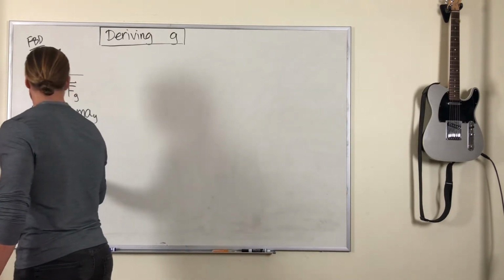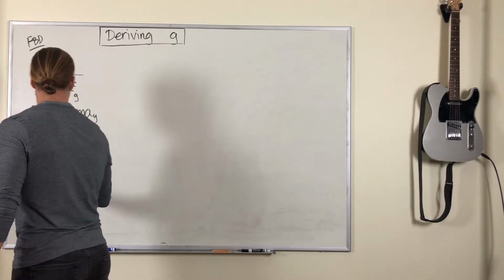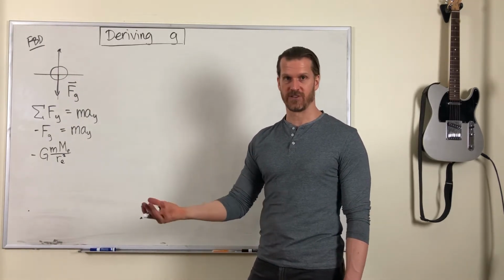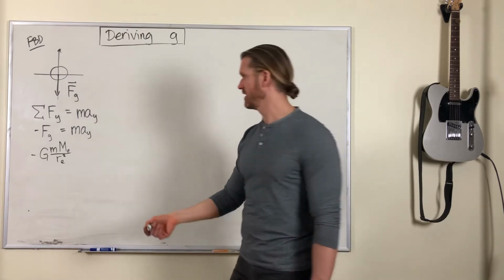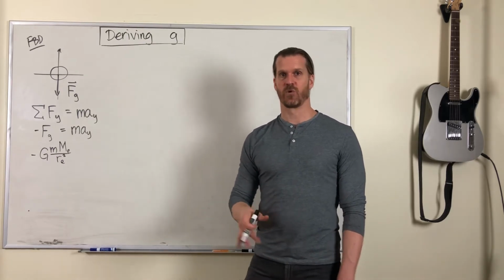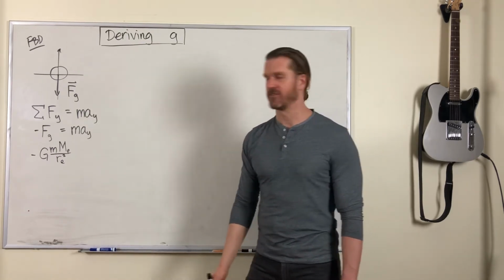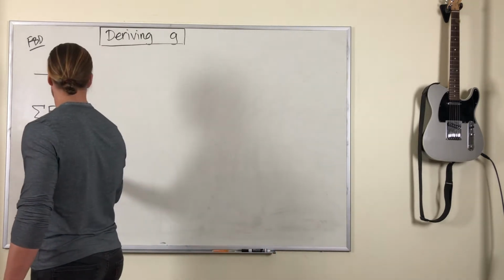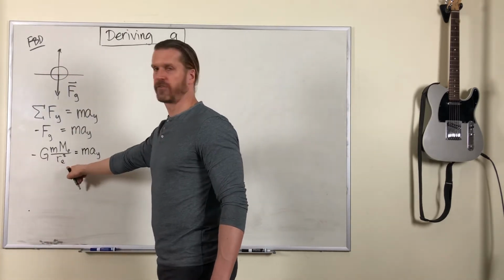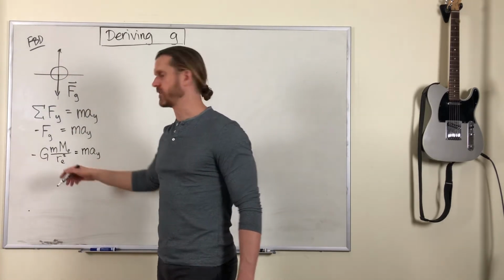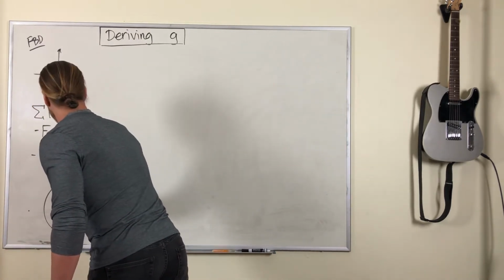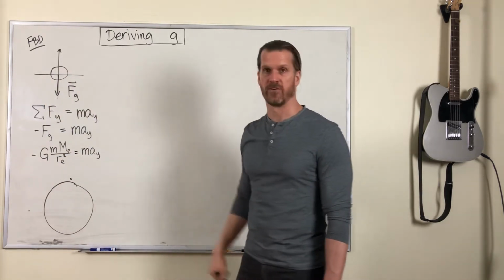Now there's a distance here. Distance squared. That's the distance between the object and the center of the Earth, which, if you're near the Earth's surface, equals the radius of the Earth, more or less, plus or minus a few meters. Let me just draw a quick sketch to show you what I mean by this distance. Here's planet Earth. Here's a little ball that we're dropping. The ball falls.